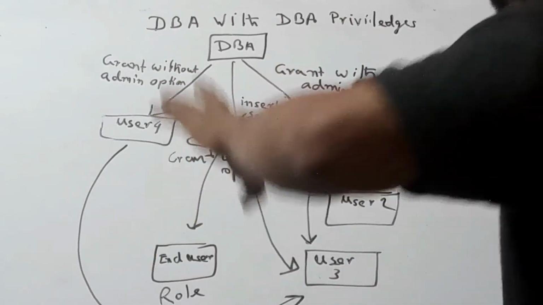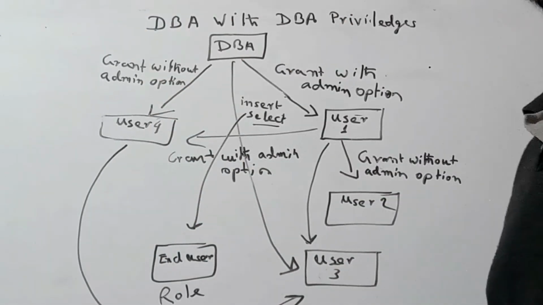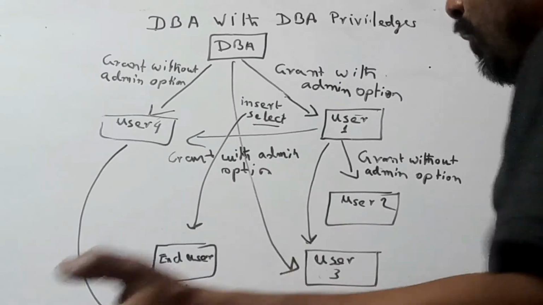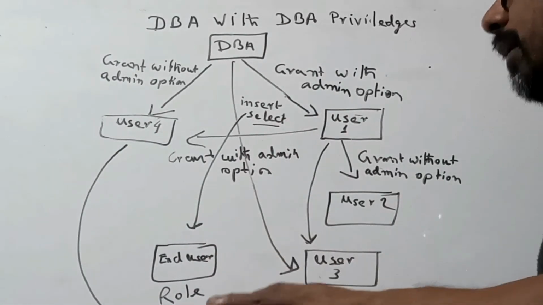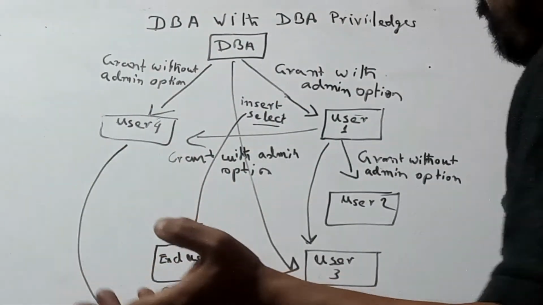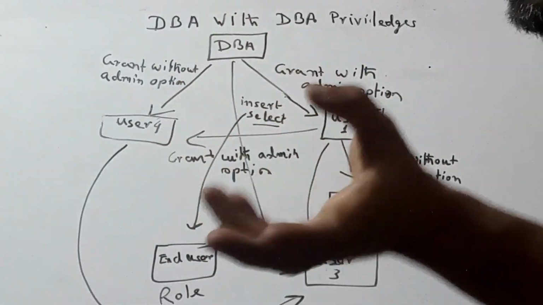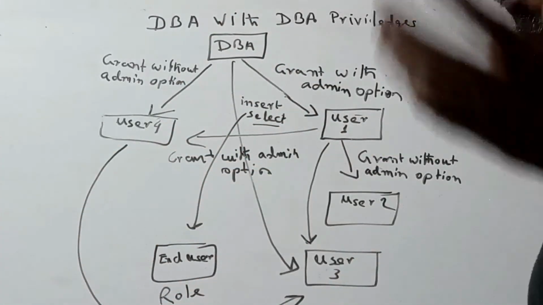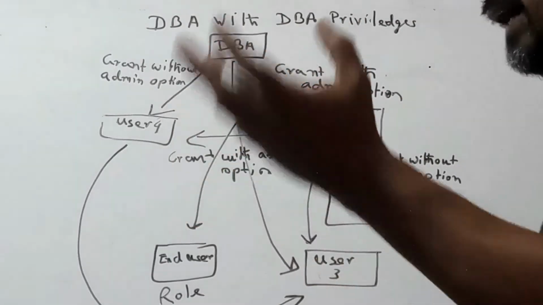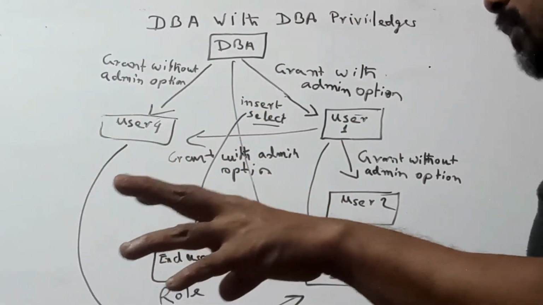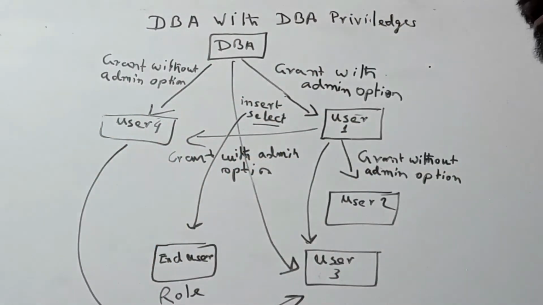Responsibility is divided between different heads of, suppose, a company. So that's it. Let's move back to our laptop and I'll show you how to create users, how to create a role and provide this grant with admin option to them. So, let's continue.